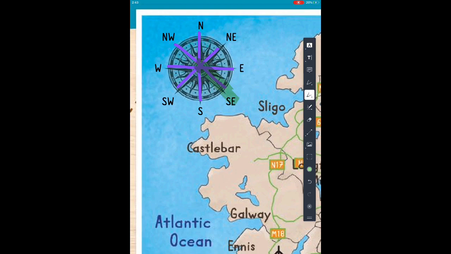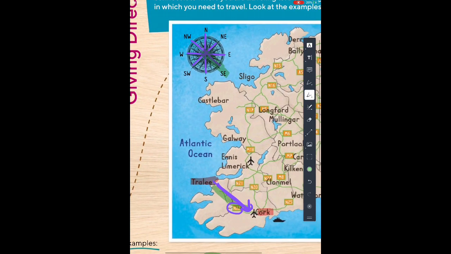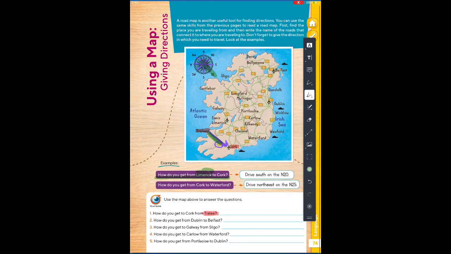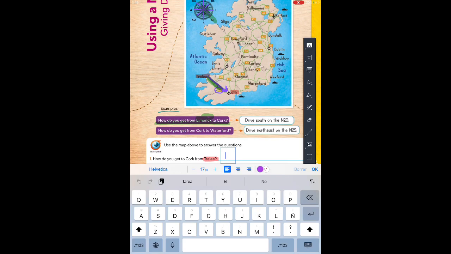This one, right? So it's going to be southeast. So we're going to write drive southeast on the N22.